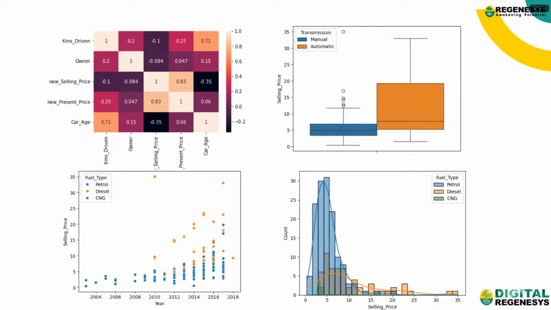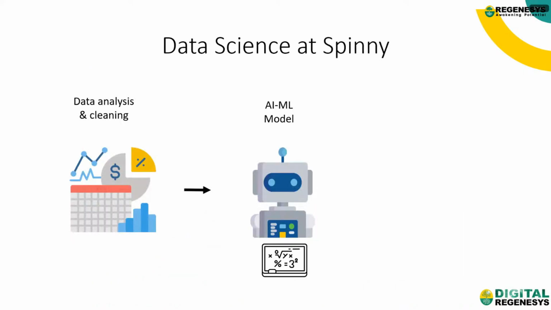These types of graphs give you insight about the data, and then you build the model, and then you can make predictions about the car price. Now, Speedy provides such a web application as well as a mobile application wherein users can enter the car details and get the car price predictions, as a result of which the customer doesn't have to go to their physical store, right?